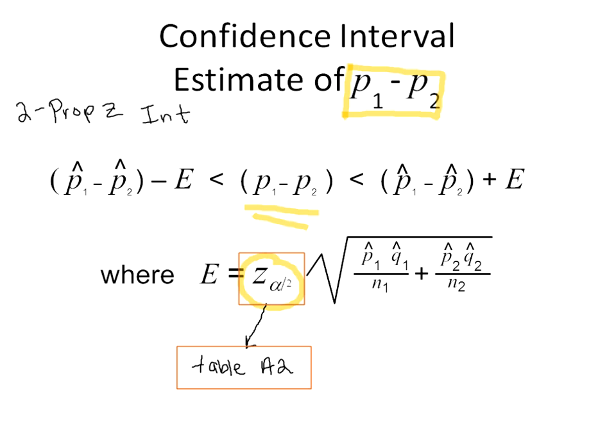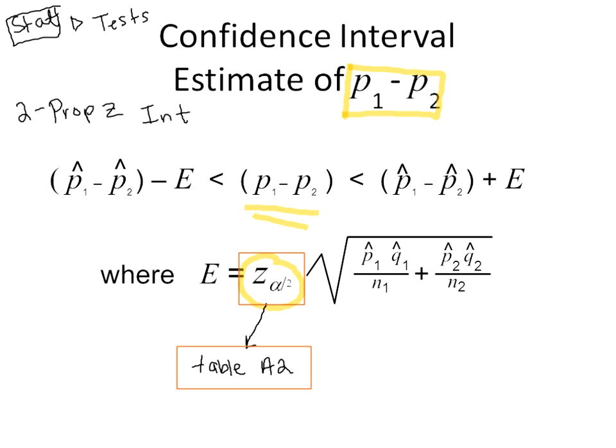Z interval, INT. So on your calculator, when you go to Stat, you're going to right arrow over to Tests. And then you're going to look for the 2-prop Z interval. You're going to type in all your values that we just wrote down from the problem, and then it's going to give you your confidence interval.